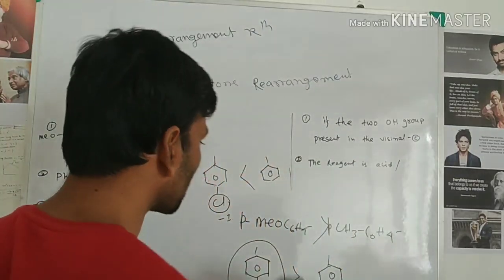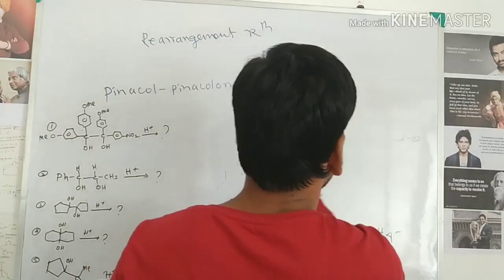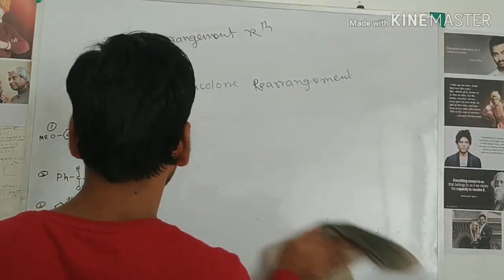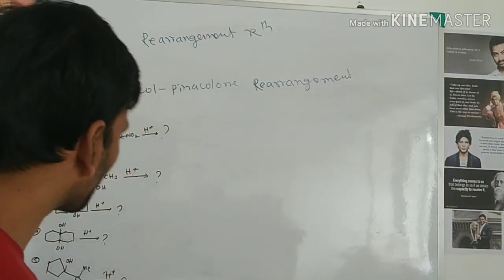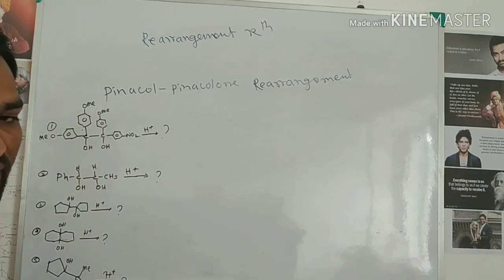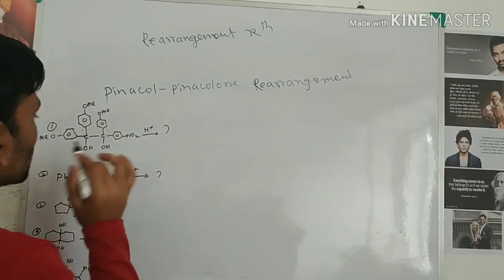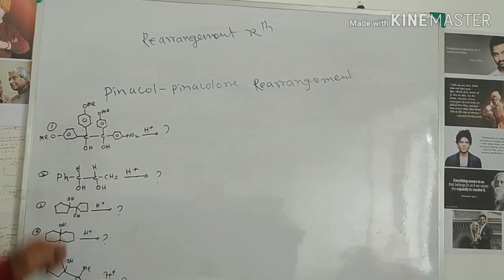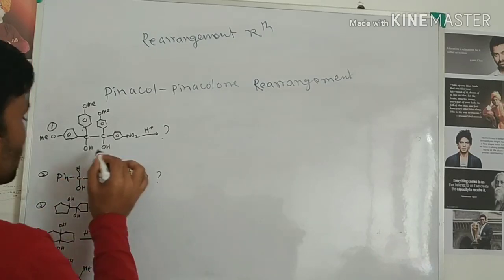Which one migrates in the first example? Here, which one is first protonated and which one migrates?